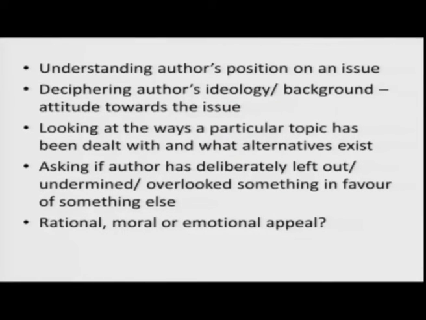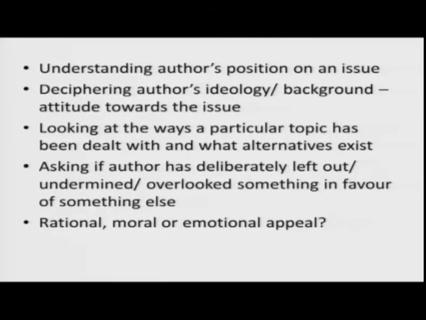The next point is asking if the author has deliberately left out, undermined, overlooked something in favor of something else. So, say for example, the author is presenting an argument and cites several examples.